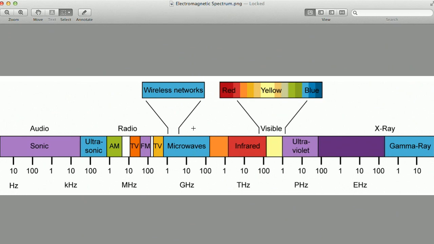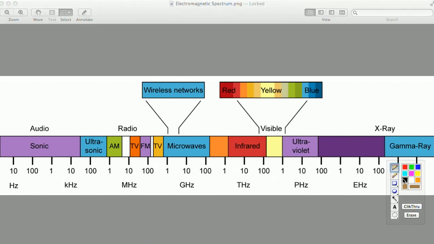When I talk about bandwidth, as I mentioned earlier, I'm going to be talking about how wide a particular signal is.